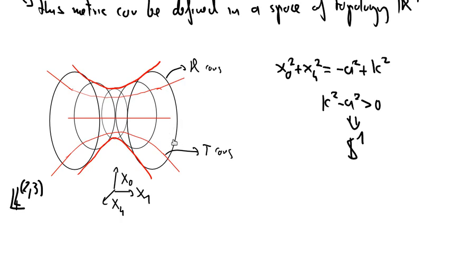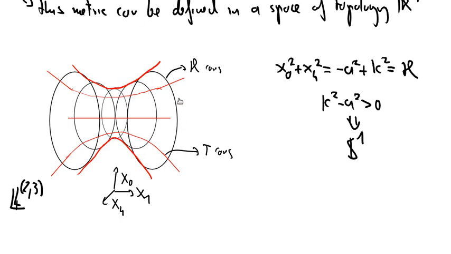In this picture, this is represented as follows. We have these circles such that R is constant. In this representation, this R corresponds to this relation. So R is constant, and they have the topology S1.